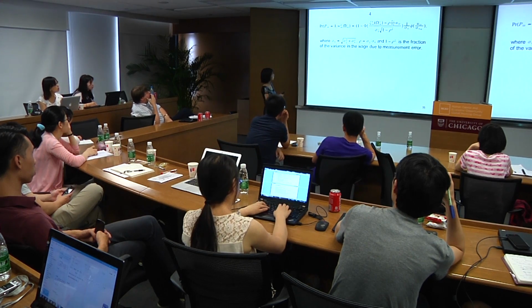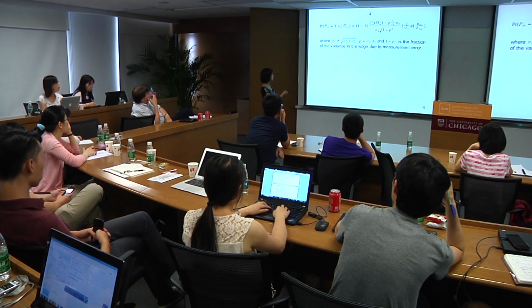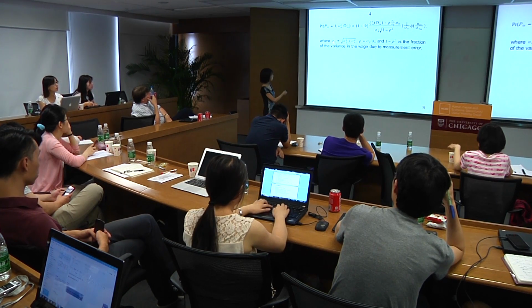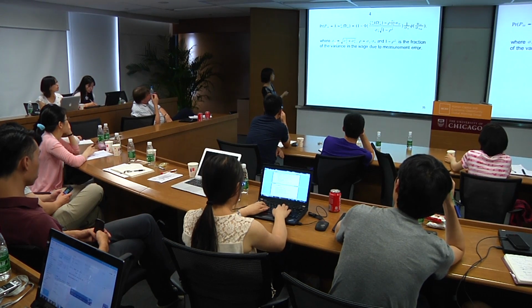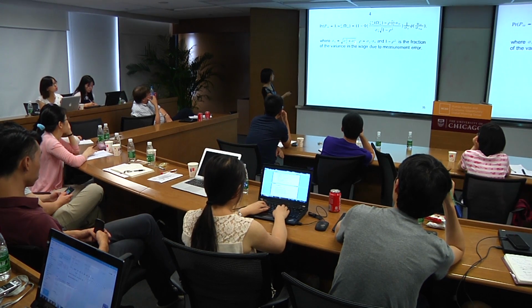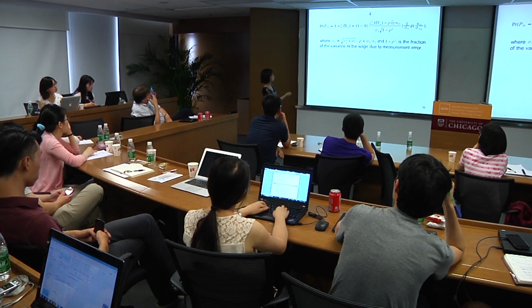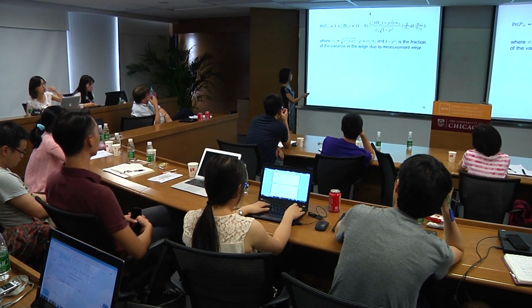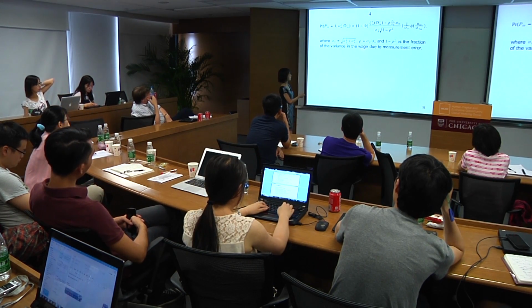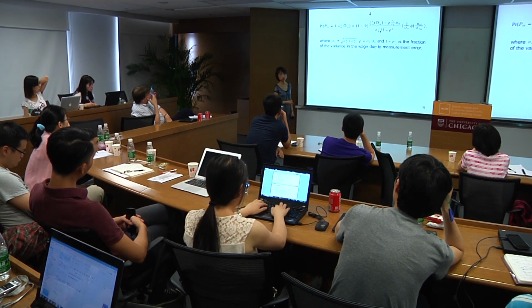In particular, the standard deviation of the joint error term, that's the sum of the true shock plus the measurement error, is this. This is the measurement error, and rho is basically the fraction of the variance in the wage due to measurement error.